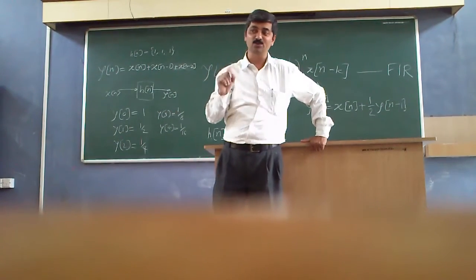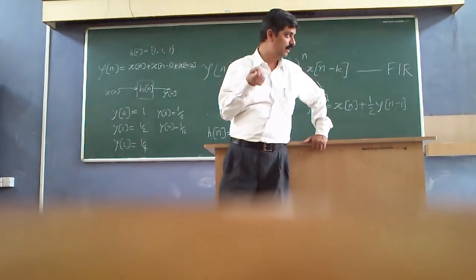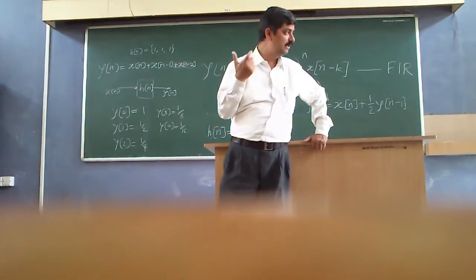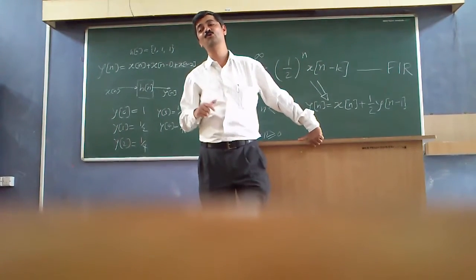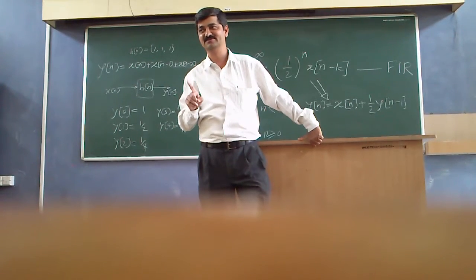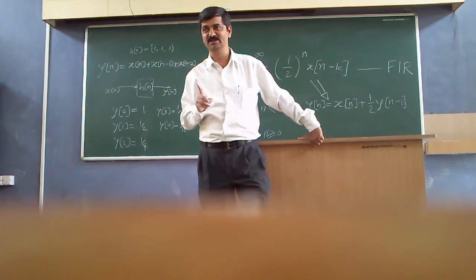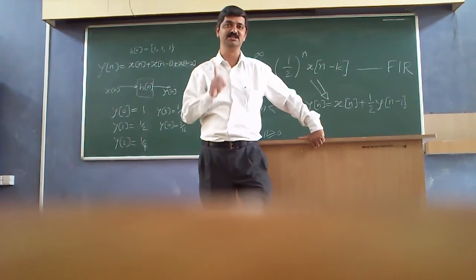And I would like to clarify, I do not know to what extent you are with me in understanding this, that this is possible only in discrete time systems and not in digital systems.